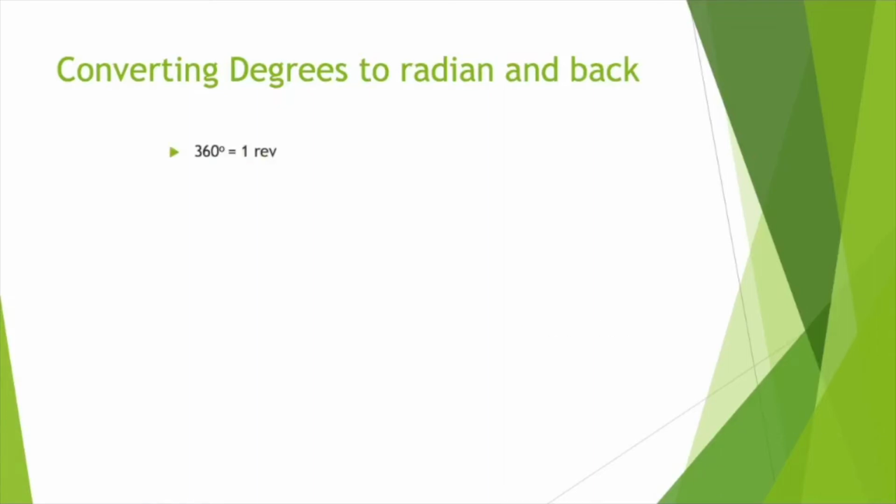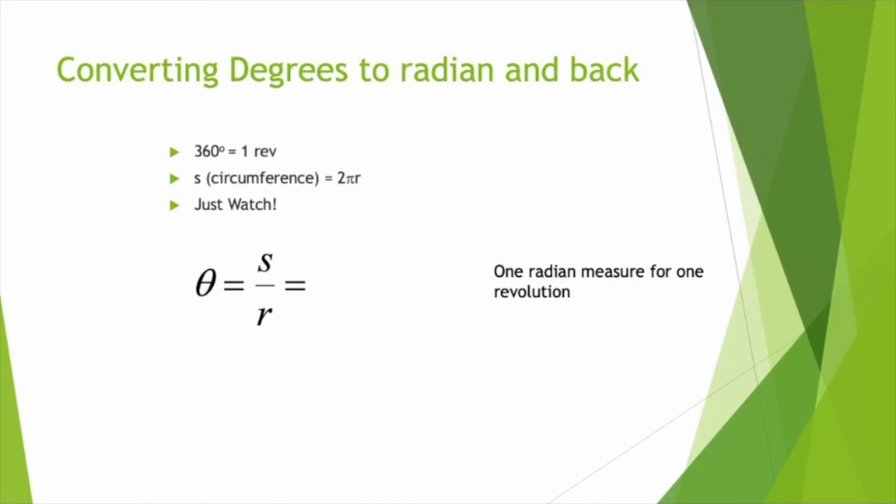If you remember back, 360 degrees was one revolution. And you know that the full circumference of a circle is 2 pi r. I have the equation that I had earlier with theta equal S over R. Now we just said that S, if we're talking about the full circumference, is 2 pi r.